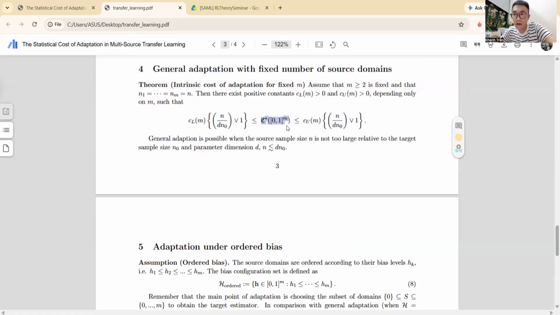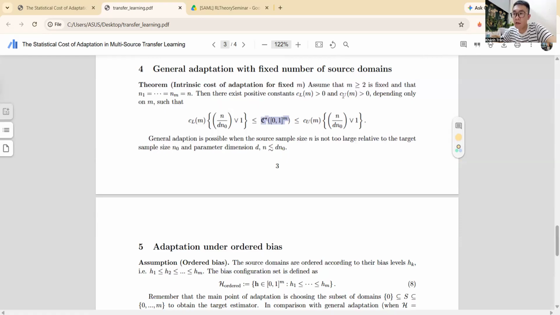And if the sample size of the source domains scales with the multiplication of the dimensions and the size of the target domain, then general adaptation is possible because the cost here is bounded.